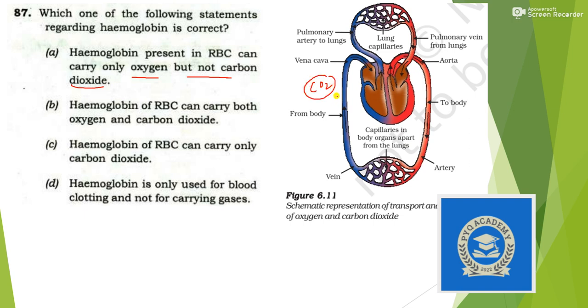But both bloods are red in color. Although the color is changed for differentiation, both the CO2-containing blood as well as the oxygen-containing blood are red. That means hemoglobin carries both carbon dioxide as well as oxygen. So hemoglobin of RBC can carry both oxygen and carbon dioxide. Option B is the correct answer.